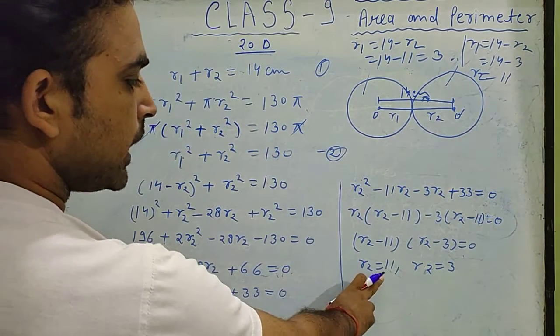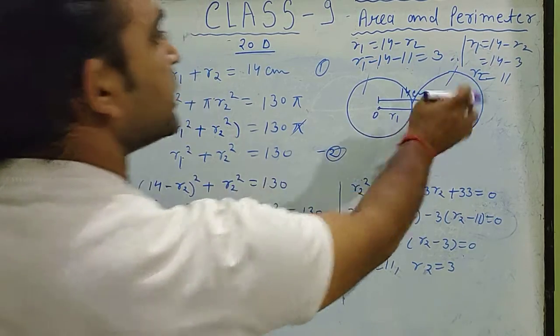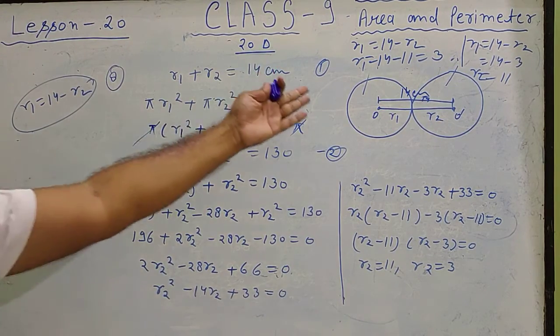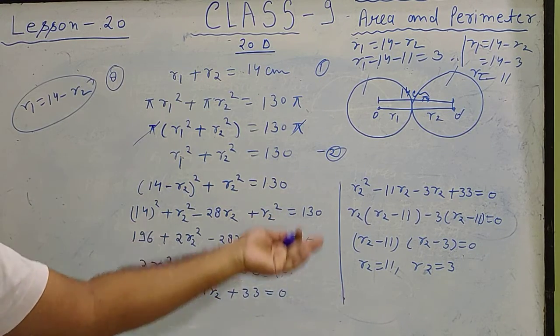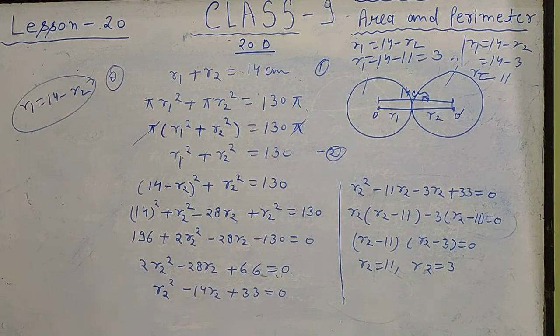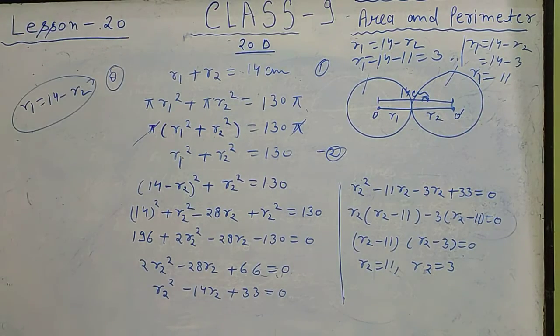Means two values of r2, 11 and 3, and two values of r1, 3 and 11. So your answer will be: when you take r1 as 3 then r2 will be 11, and when you take r1 as 11 then r2 will be 3, opposite. So the answer will be 3 and 11, or 11 and 3. Understand?